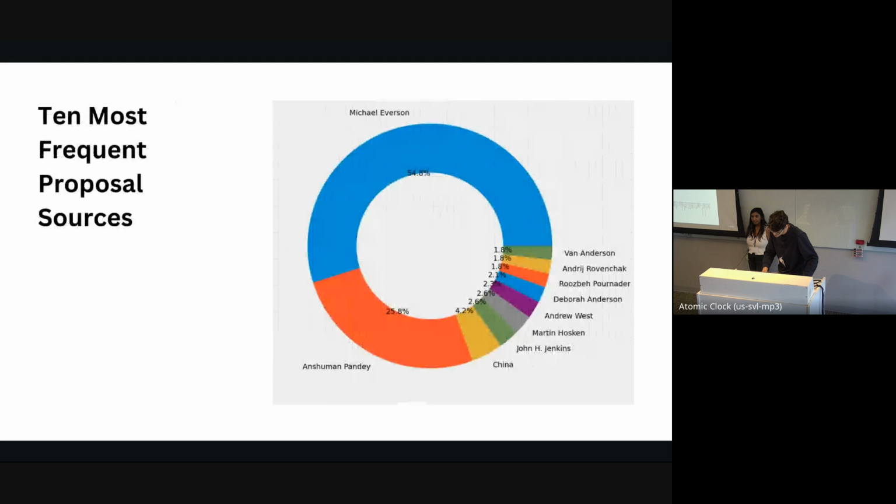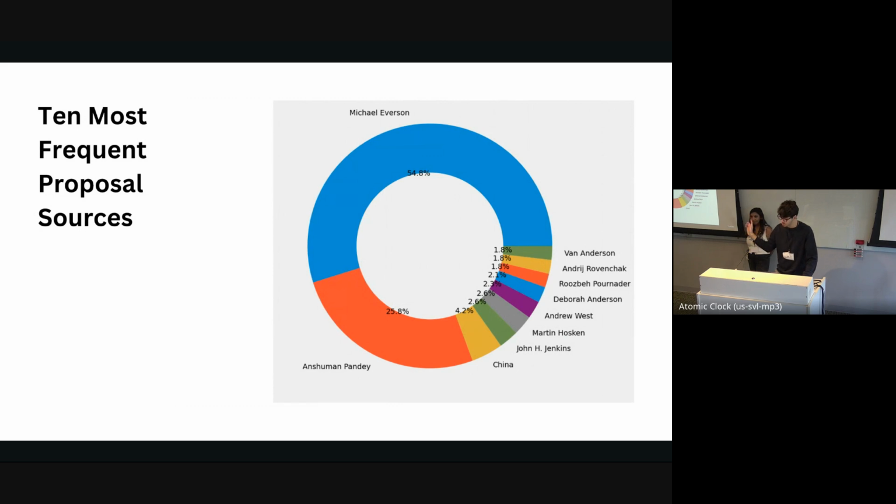So we have a little pie chart to show that. As you'll see, Michael Everson made up nearly 55% of all proposals in Unicode ever. Past that, Anshuman made about 26% of them. After that, we have China at about 4%. And then there's a very significant drop off, you'll notice, after the first 2 of them there.